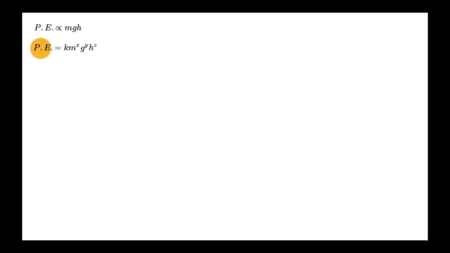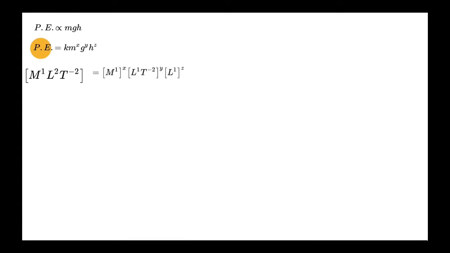Then, in place of this potential energy, we will put its dimensions. M1, L2, T minus 2; dimensions of any energy are the same as that of work. So it is M1, L2, T minus 2.